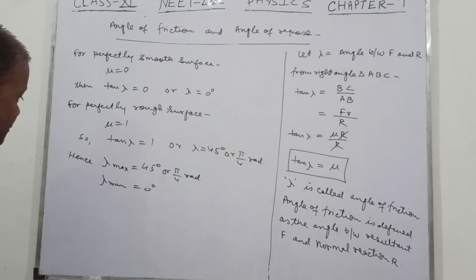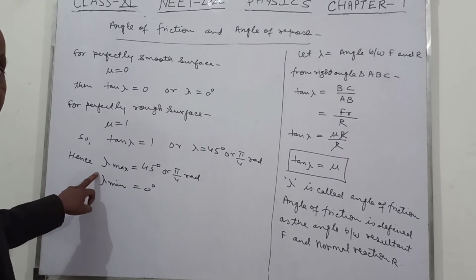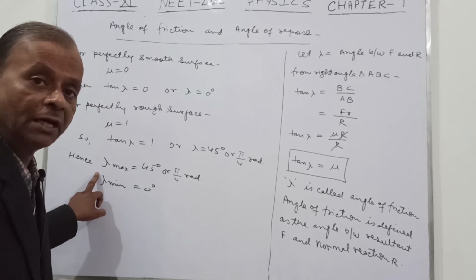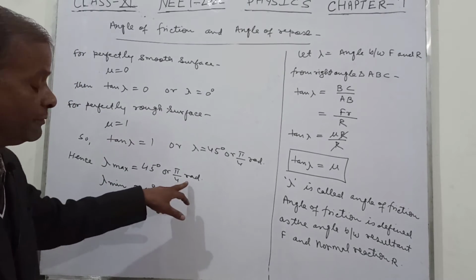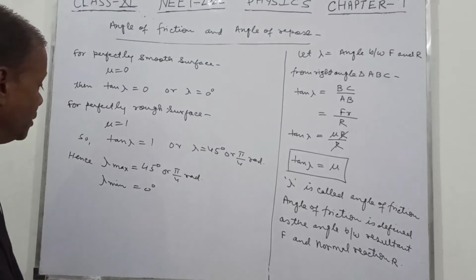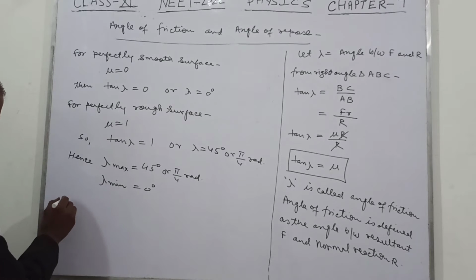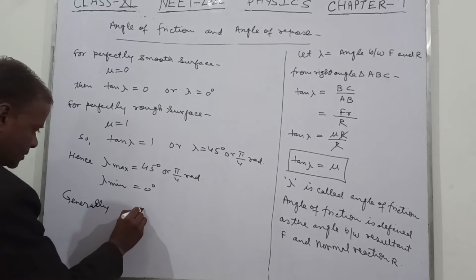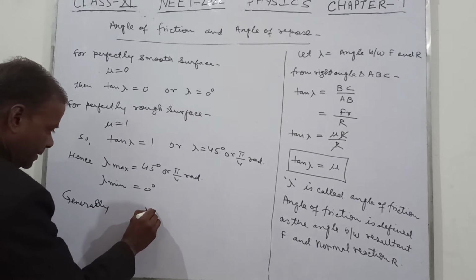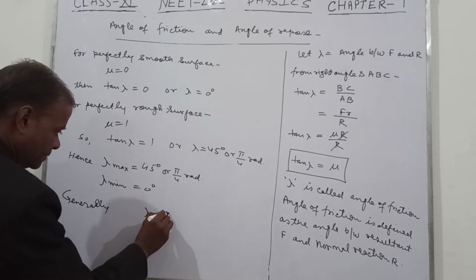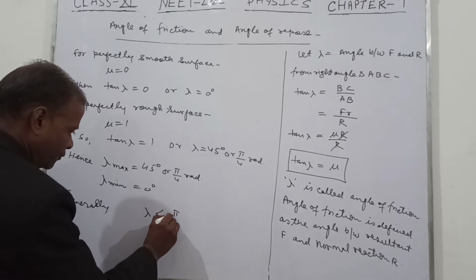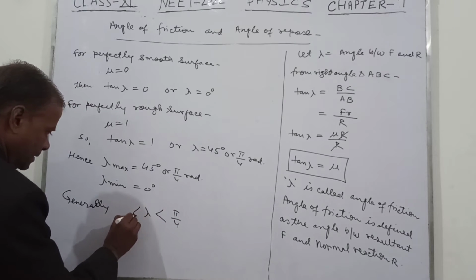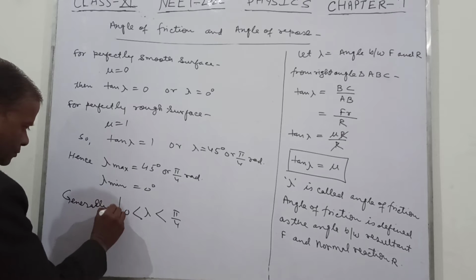So lambda generally lies between 0 and 45 degree, less than pi by 4 and greater than 0.